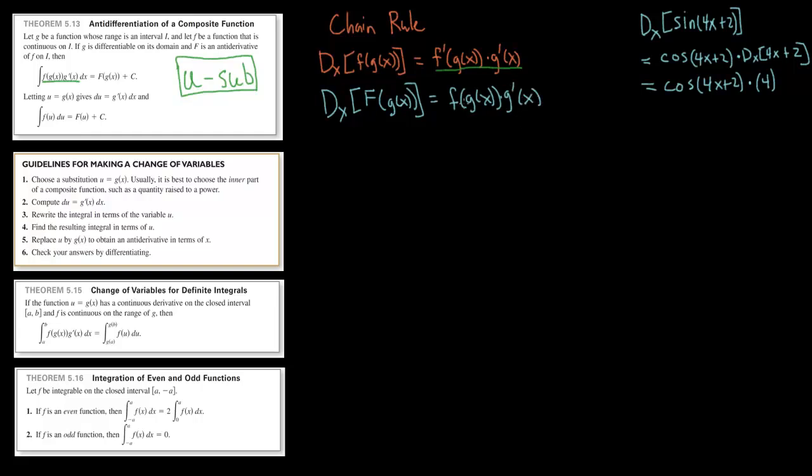So that's how we can rewrite the chain rule if we just allow capital F to be the antiderivative of lowercase f. So this is what the chain rule gives us. All that Theorem 5.13 is telling us is that all we have to do is look for things in this form, where we have a composite function, f evaluated at g, times the derivative of the inside function.